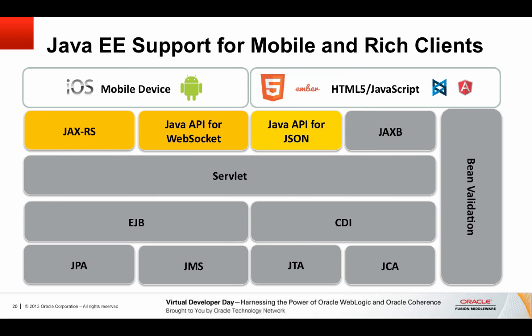So if we're looking at that landscape, we're looking at rich clients, we're looking at mobile applications, then overall the Java EE environment provides very strong capabilities here, all the way from the back-end persistence models through JPA and dealing with offloaded messages through queues, etc., through JMS. Business logic wrapped up with EJBs.